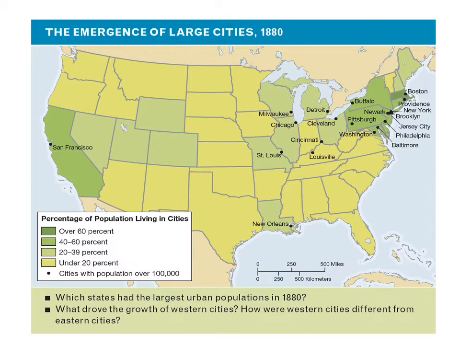But you can also see in California, it's a darker shade of green, quite surprising. And then as the shades get lighter, Texas at that time had under 20% of the population living in cities. Now let's move forward 40 years to 1920.